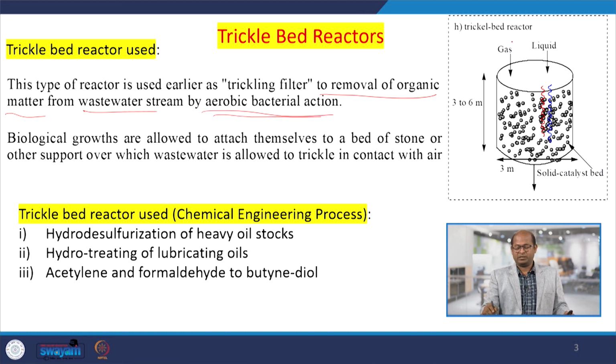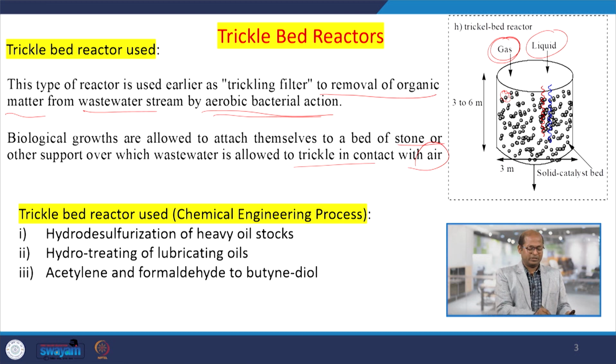In the presence of gas, that is air, which we pass along with the wastewater, the liquid is the wastewater and the gas is air. Both pass through the catalyst bed, and biological growth occurs. Microorganisms develop over the surface of the catalyst, and then oxidation reactions take place, so the organic components present in the wastewater are decomposed in the presence of air. This type of system is usually used in earlier, older methods for wastewater treatment.